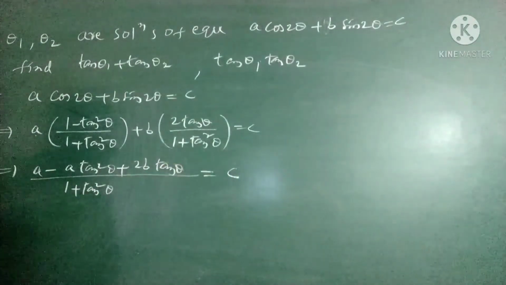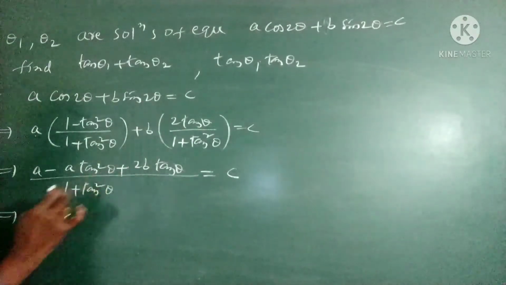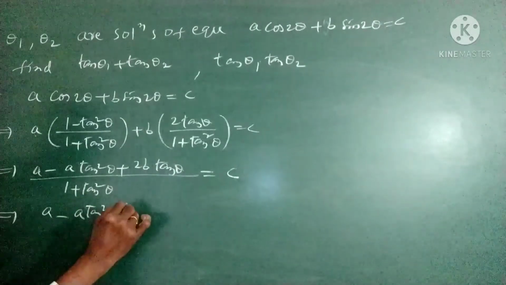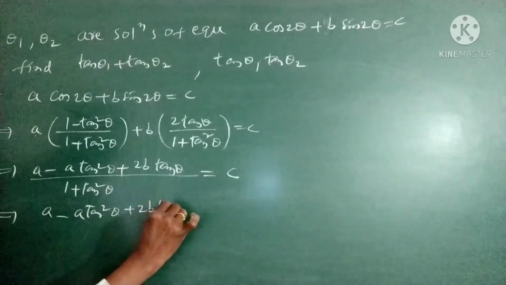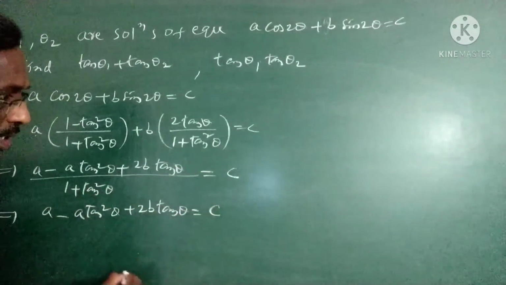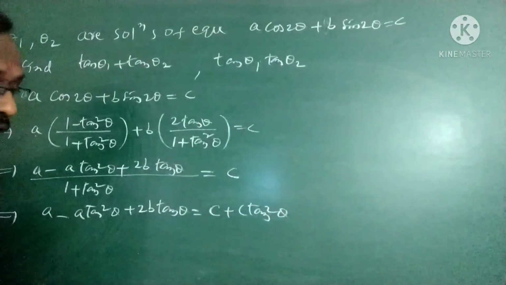Now cross multiply it. This implies that a minus a tan square theta plus 2b tan theta equals, by cross multiplication, c into 1 is c plus c into tan square theta, that is c tan square theta.